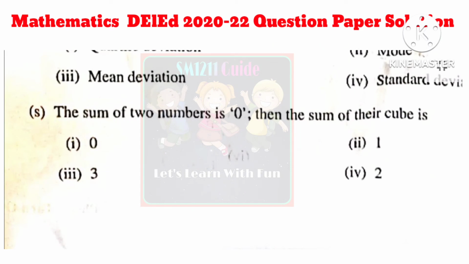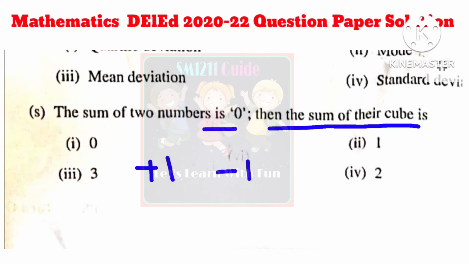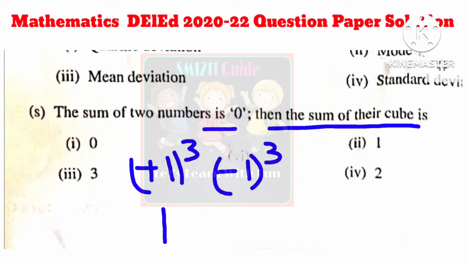Next question, the sum of two numbers is 0, then the sum of their cubes is? Let us assume two numbers such that if we add them we get 0. So plus 1 and minus 1 give 0. Now let us find the sum of the cubes. 1 cubed is 1, and minus 1 cubed is minus 1. If we add these two, the answer is 0.